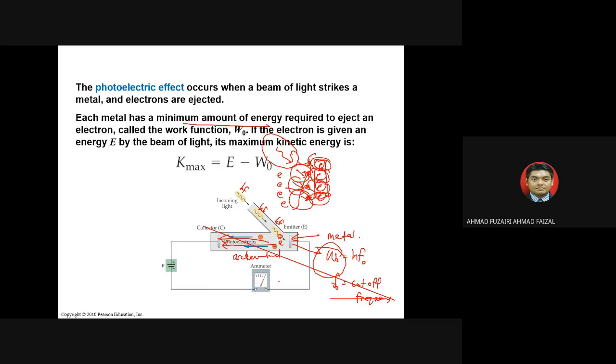And from that we know, from the emitter, we can see that the emitter has been deflected to a certain value, meaning that we can have current. So that's how the photoelectric effect works.